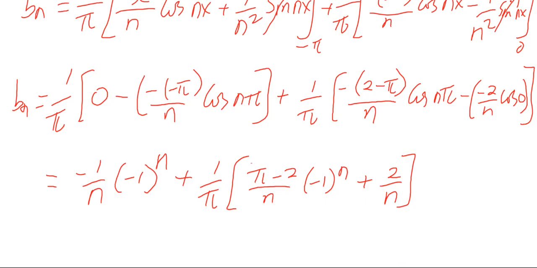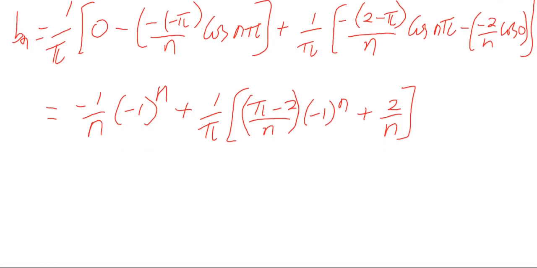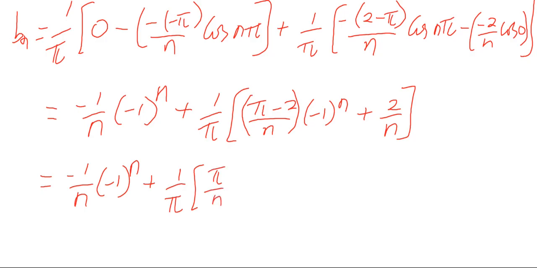First here, these are 2 terms, and we can break them, so that we write minus 1 over n times minus 1 raised to power n plus, now the first term here will be, let me just write both of them, pi over n minus 1 raised to power n, then minus 2 over n times minus 1 raised to power n, then plus 2 over n.